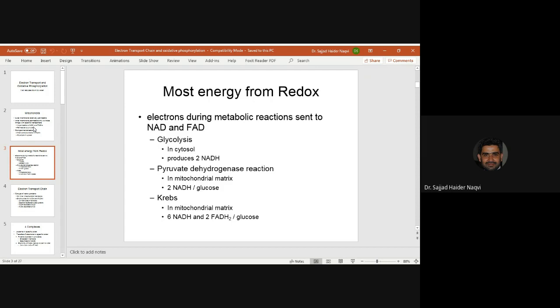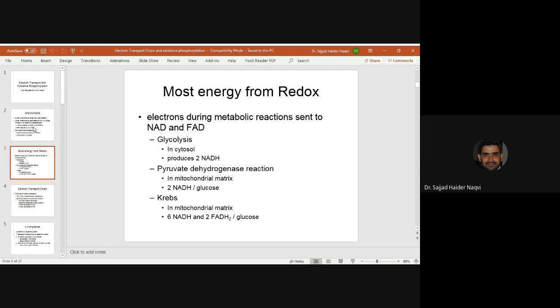Now in glycolysis, which takes place in the cytosol or cytoplasm, there is production of two NADH molecules. Then the conversion of pyruvate to the next product, catalyzed by the pyruvate dehydrogenase reaction, takes place in the mitochondrial matrix, and two molecules of NADH are produced per molecule of glucose. And in the Krebs cycle, the TCA cycle, which is also going on in the mitochondrial matrix, you have 6 NADH and 2 FADH2 per glucose.